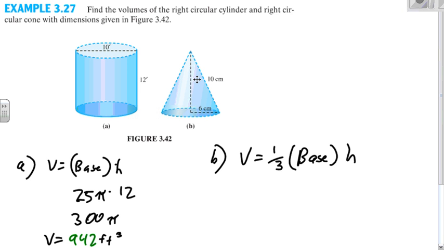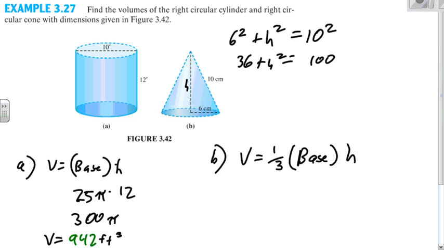We need to find the height by using Pythagorean theorem. 6 squared plus h squared equals 10 squared. So that's 36 plus h squared equals 100. Subtract 36, we get 64. So h equals 8.